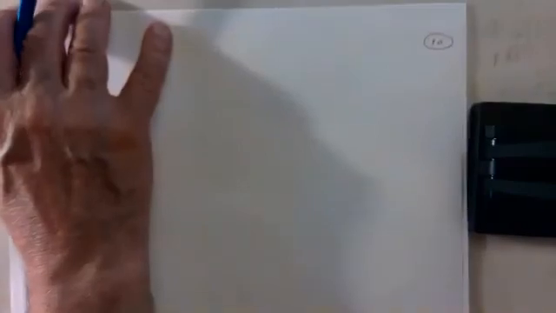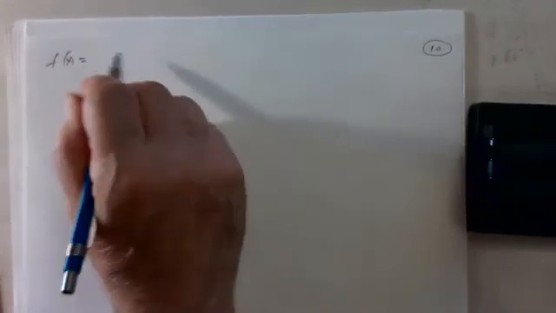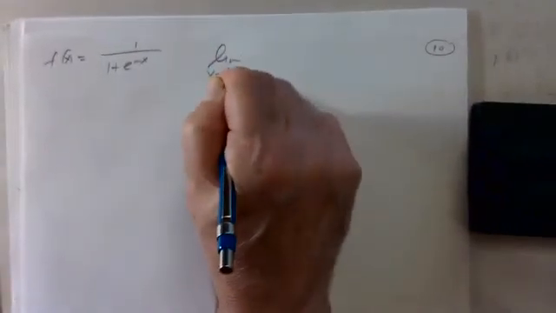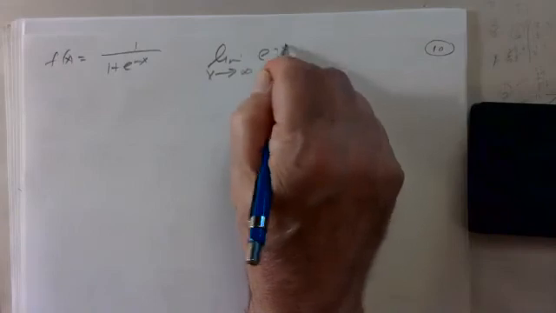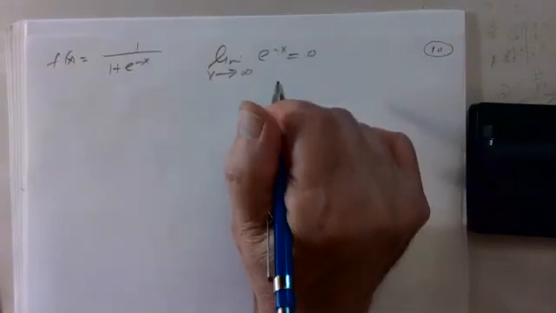Here's a nice example. Suppose we take f of x equal to 1 over 1 plus e to the minus x. For this function, remember, the limit as x goes to infinity of e to the minus x is 0.